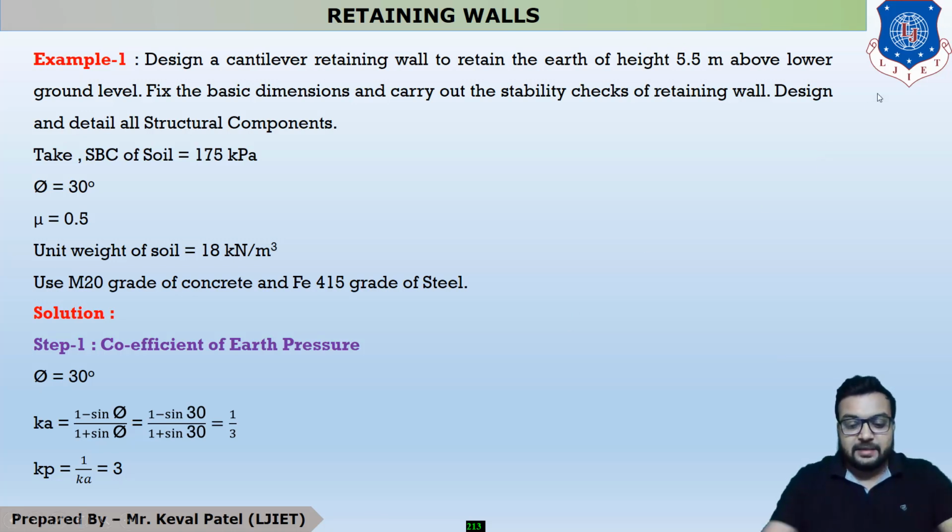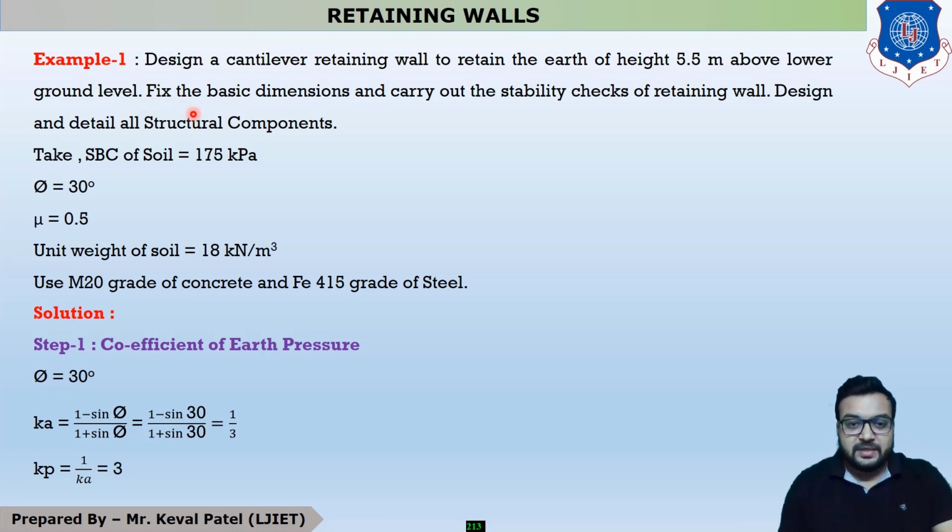The example is: design a cantilever retaining wall to retain the earth of 5.5 meter above lower ground level. Earth means soil of height 5.5 meter above lower ground level.